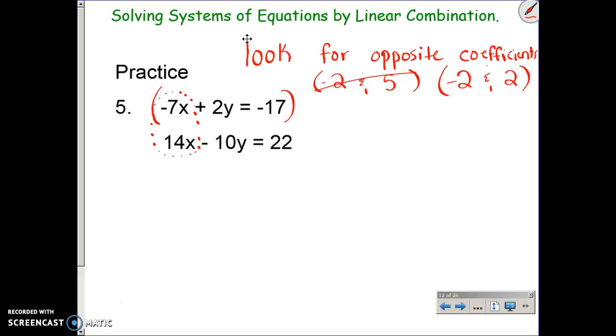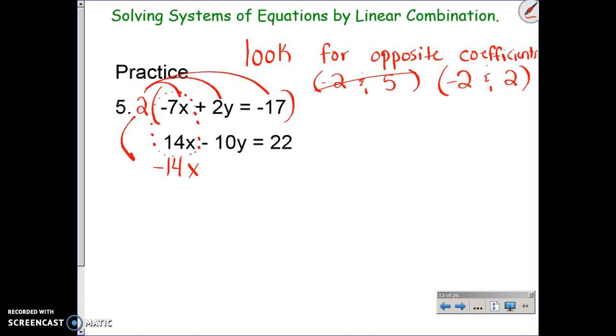However, if I multiply it to that x part, then I have to do it to the whole group. So kind of like what we talked about yesterday with that -1, only this time it's a number bigger than 1. And again, everything is going to get affected. Again, I'm doing this so that I can get 14x and -14x because they will cancel each other or eliminate each other.